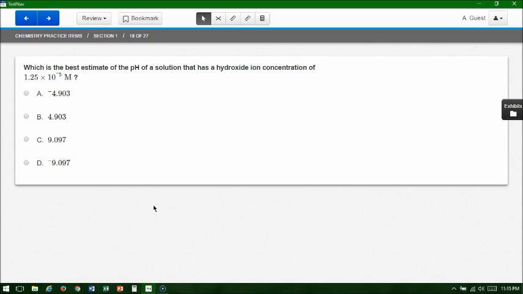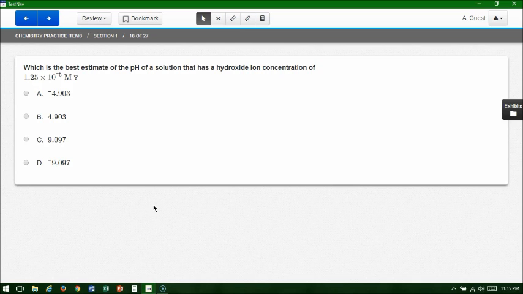In number 18, which is the best estimate of the pH of a solution that has a hydroxide ion concentration of 1.25 times 10 to the negative 5 moles per liter? So first, we're going to take the negative log of the hydroxide concentration, and that will get us the pOH.